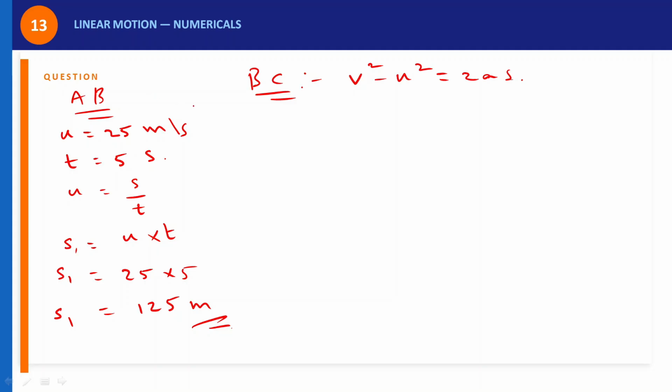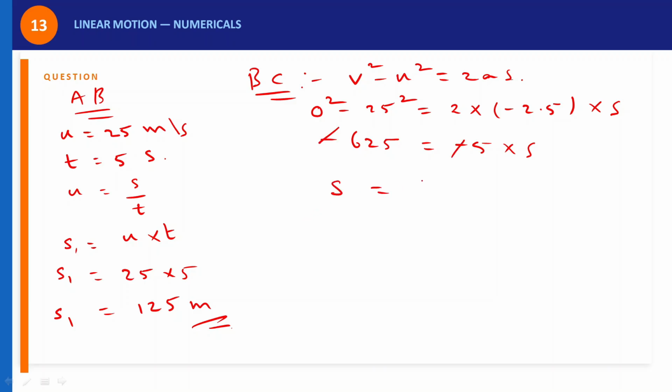So final velocity is 0, 0 square, minus initial velocity 25 whole square, equal to 2 into acceleration minus 2.5 into s, then minus 625 equal to minus 5 into s, and both sides minus minus will get cancelled.